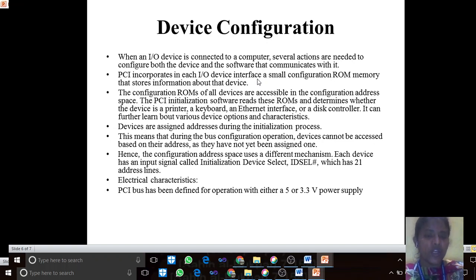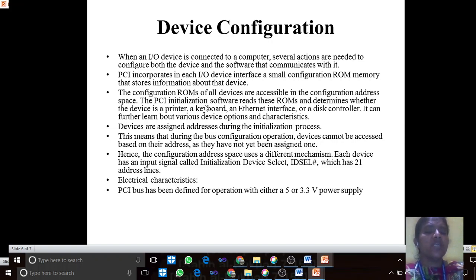The configuration ROMs of all devices are accessible in the configuration address space. So I was telling you about the three address spaces: memory mapped address space, IO mapped address space, and the configuration address space. The configuration ROM is there in each and every device, and it is accessible in the configuration address space.